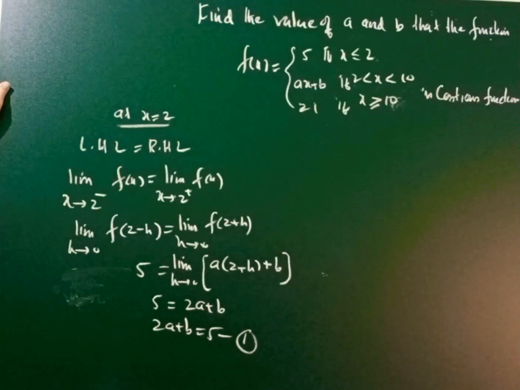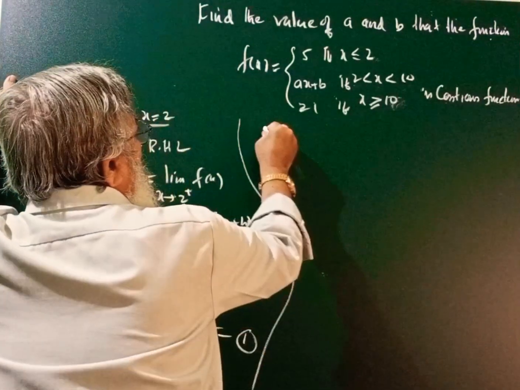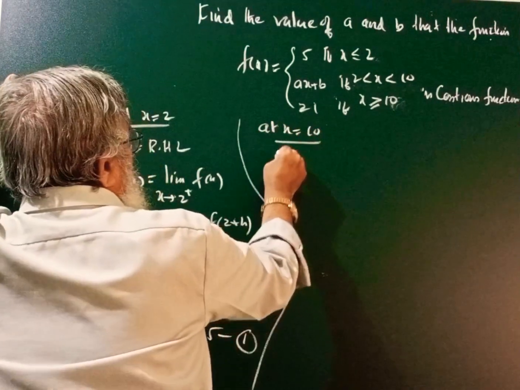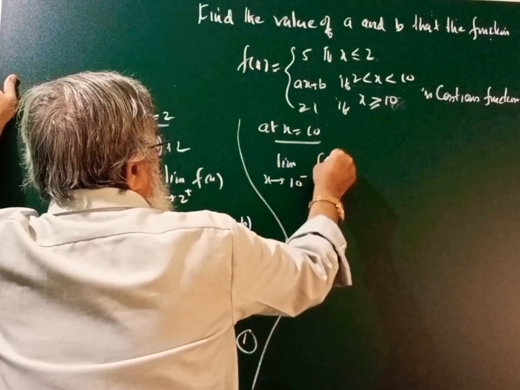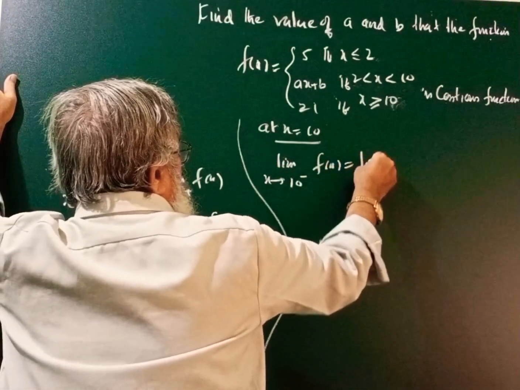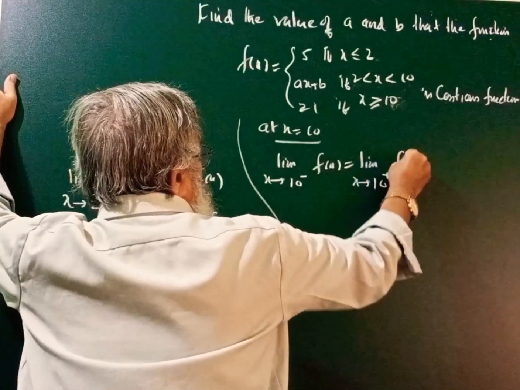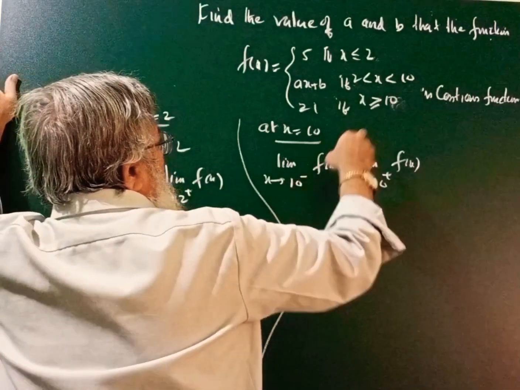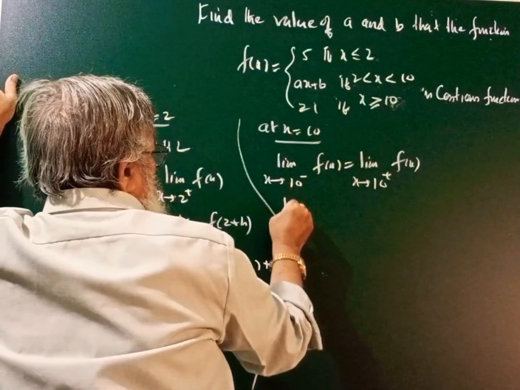Now let us check for x is equal to 10. At x is equal to 10, we write limit x tends to 10 from the negative side must be the same as limit x tends to 10 from the positive side. From the negative side, x is less than 10, so this condition is applicable.